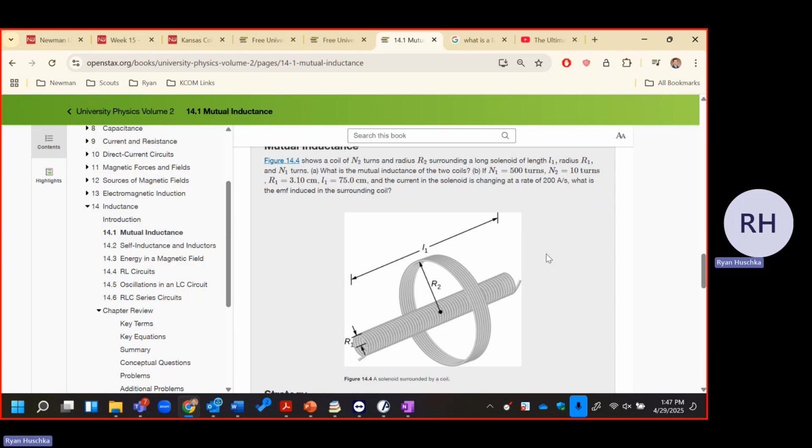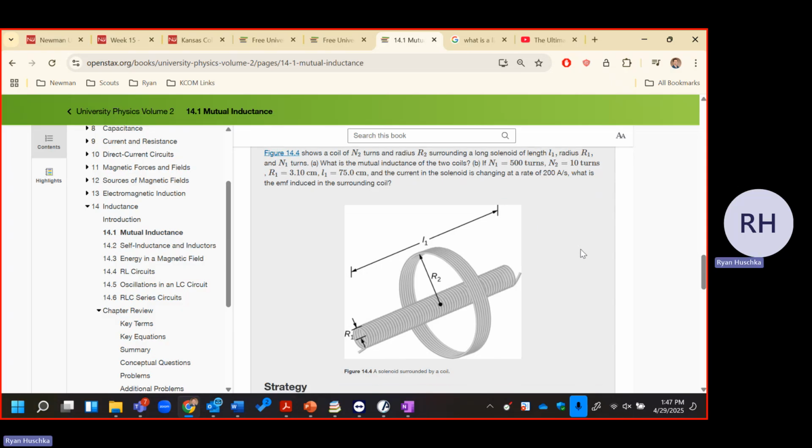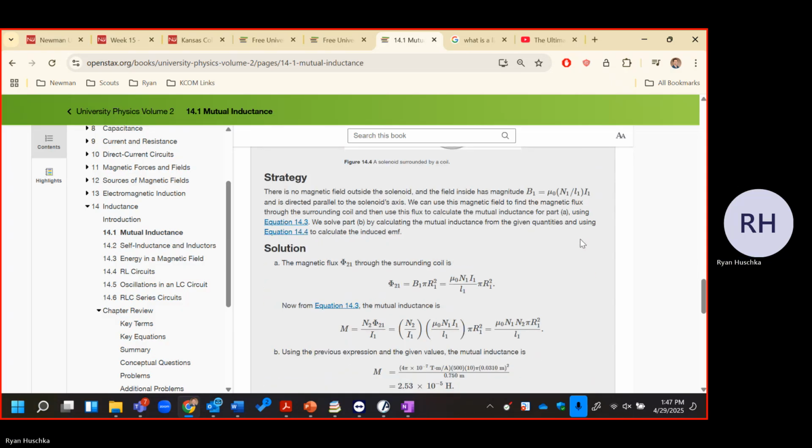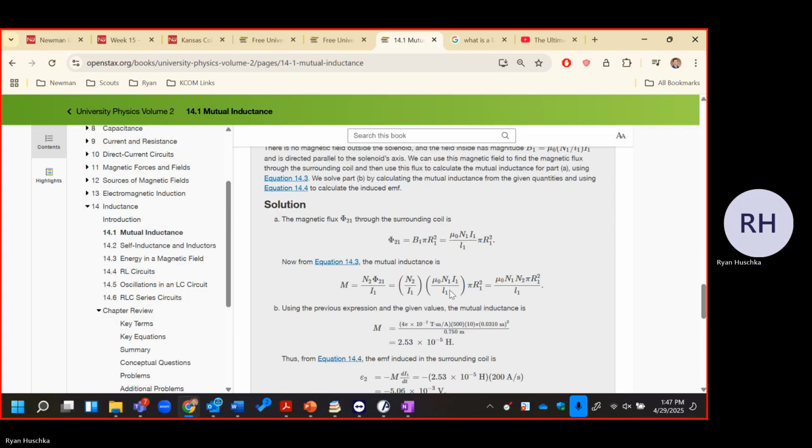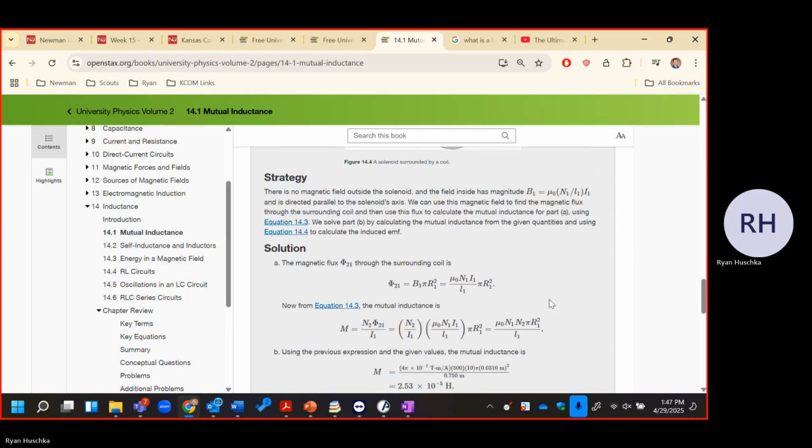Yeah, it is. That's what we put on the denominator, right? What do you notice there?